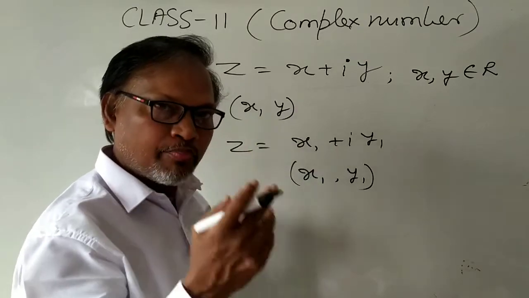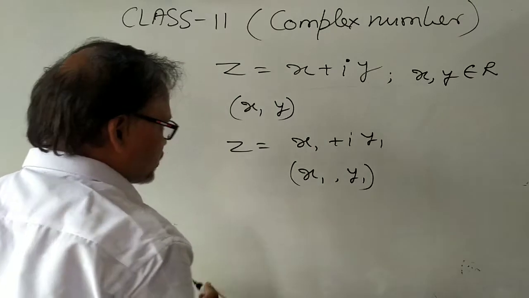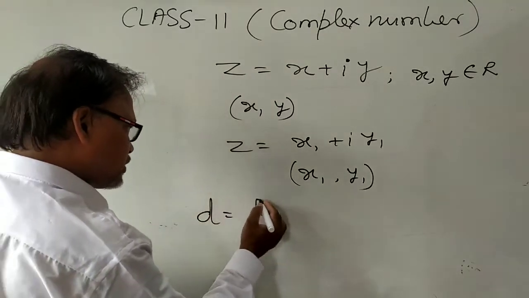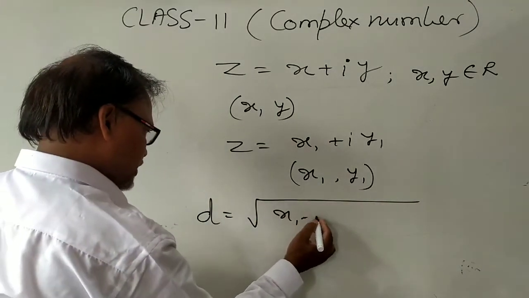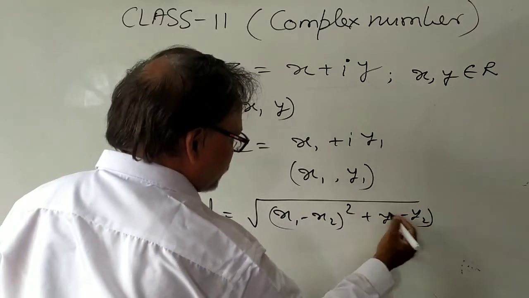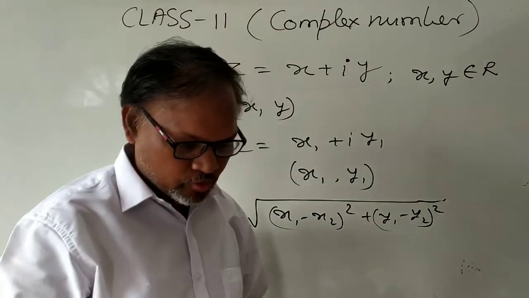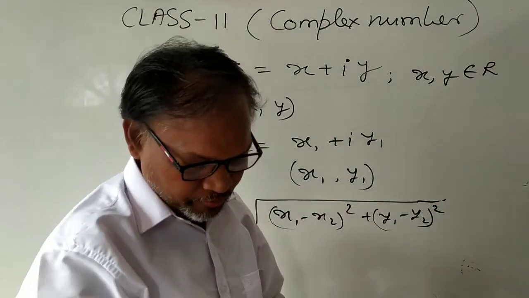So this is x, y, and now you can use the same distance formula, x1 minus x2 whole square plus y1 minus y2 whole square, and then you can solve the given questions. This is for the first question.